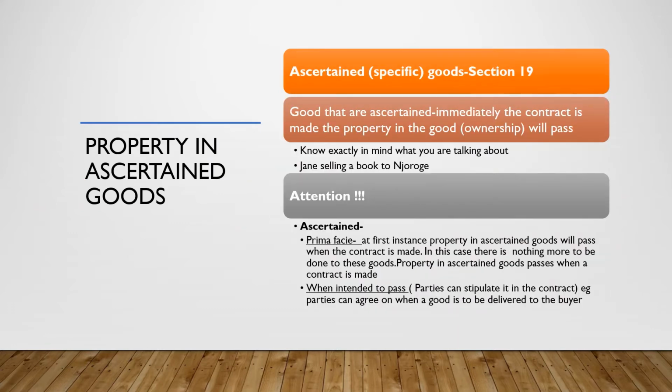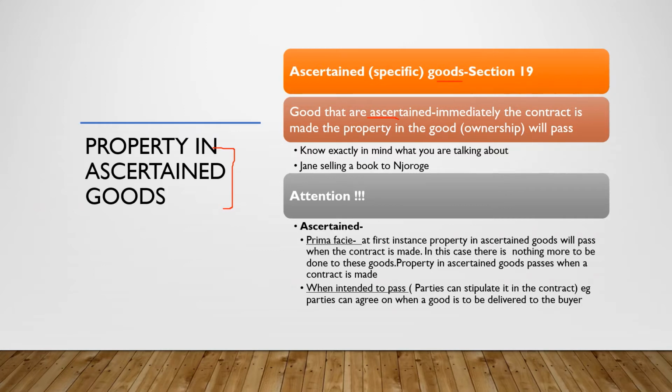Now, when we come to section 19, as I've already promised you, here the goods are ascertained, meaning that ownership passes immediately. The moment the contract is made, the property in the goods will pass to the buyer. Remember when we talked about unascertained goods, those goods were not specified, but in the case of ascertained goods, the goods are specified.